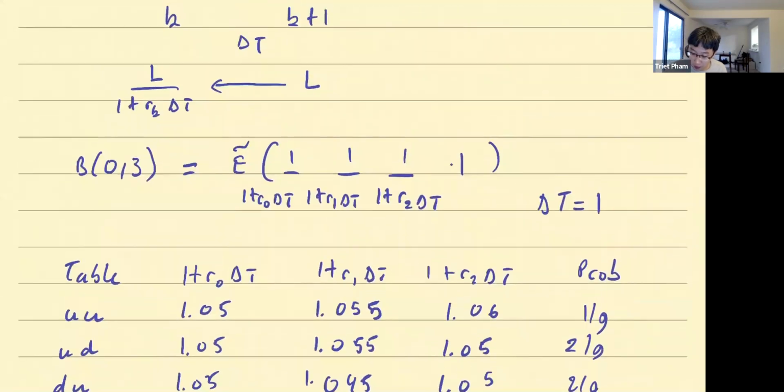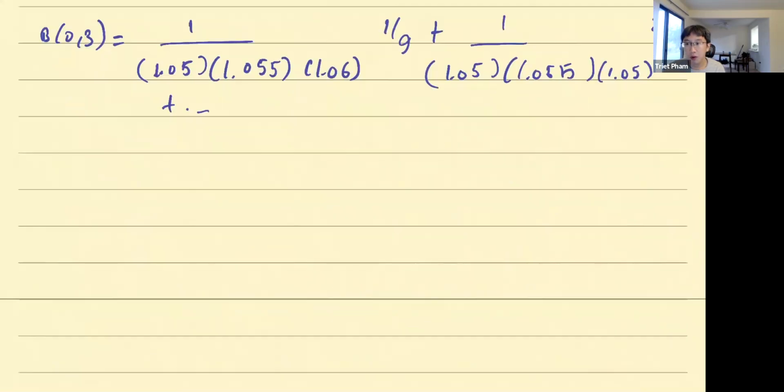All right, so using the same idea, right? How many bonds do we get out of this? How many bond price do we get out of this model? At time zero, right? Because this is the time that we know.